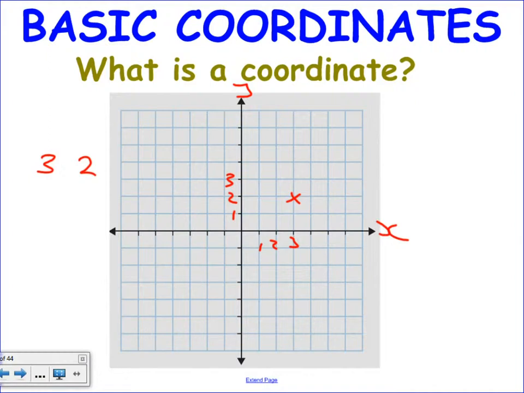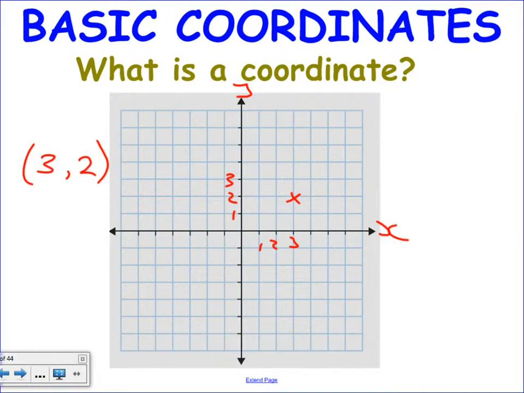The comma in the middle. And what else is missing? Brackets. So when you give coordinates in mathematics, they have to be in brackets, and they have to have a comma to separate the X value from the Y value. So when you're giving a coordinate, you're going along the X direction first.